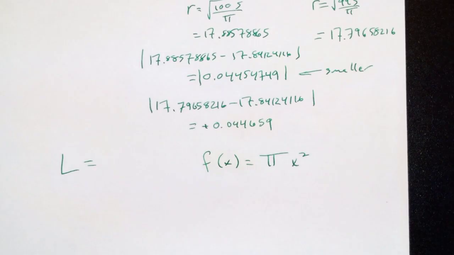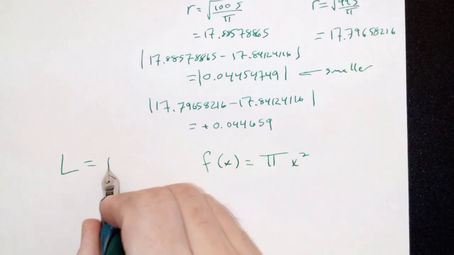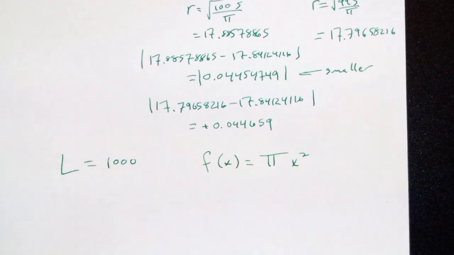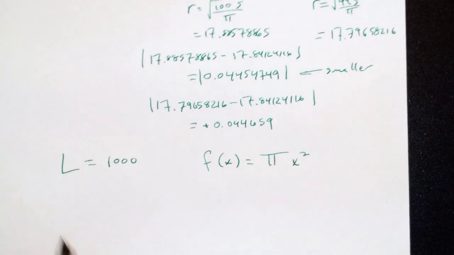What was the ideal area we were aiming for? 1,000. The 17.8412, et cetera, that was where I needed to aim to hit it. That's my A value.